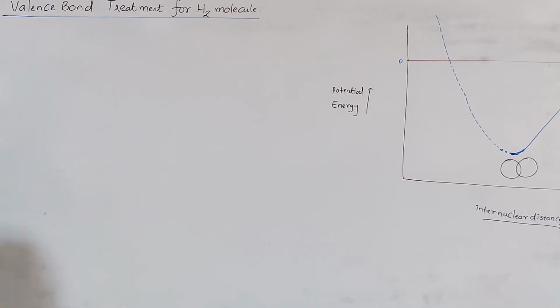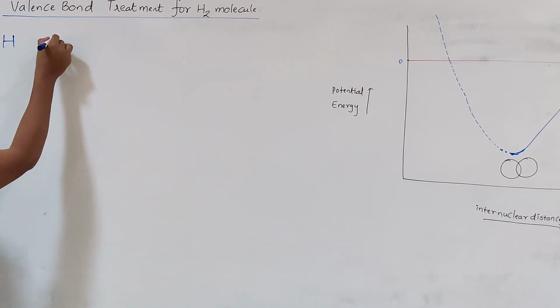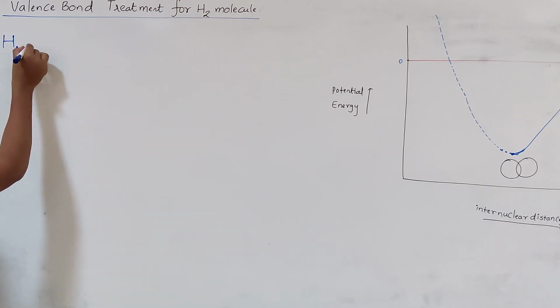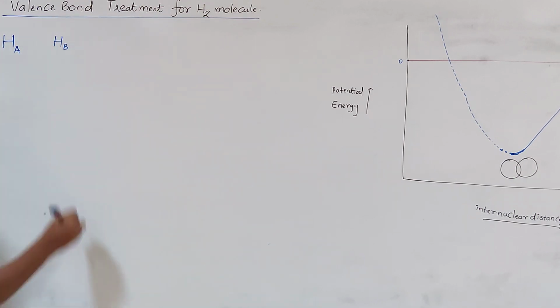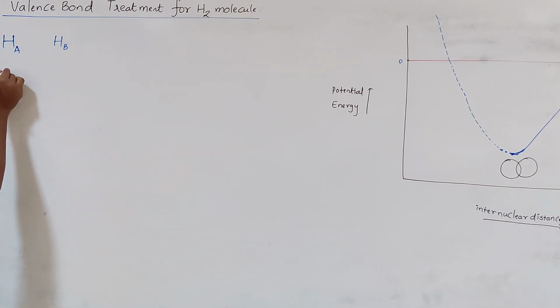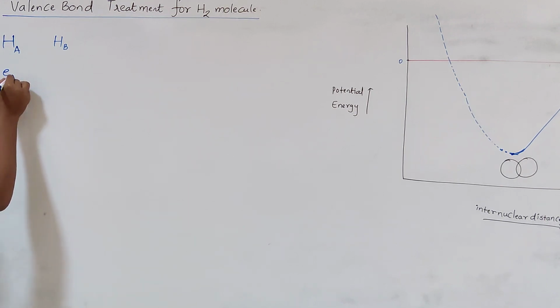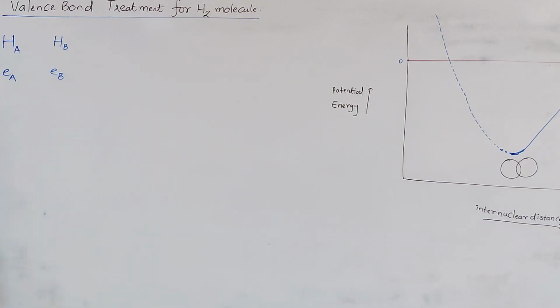The hydrogen molecule is formed by the combination of two hydrogen atoms labeled as A and B respectively, HA and HB. The electrons present in the two hydrogen atoms are labeled as EA and EB.